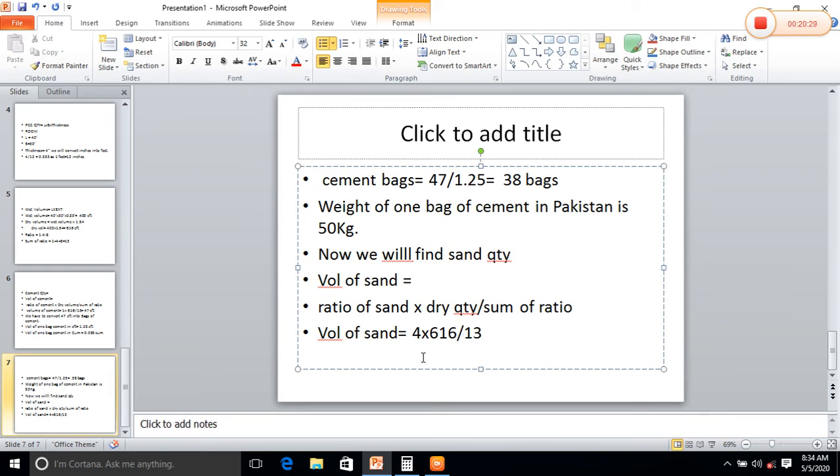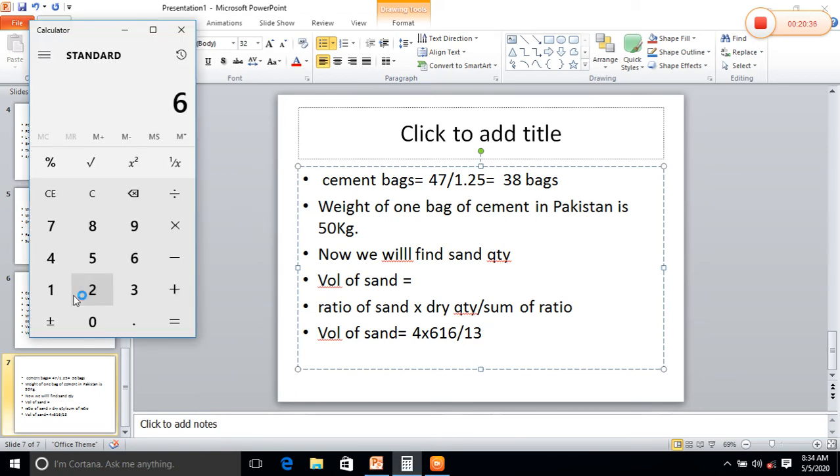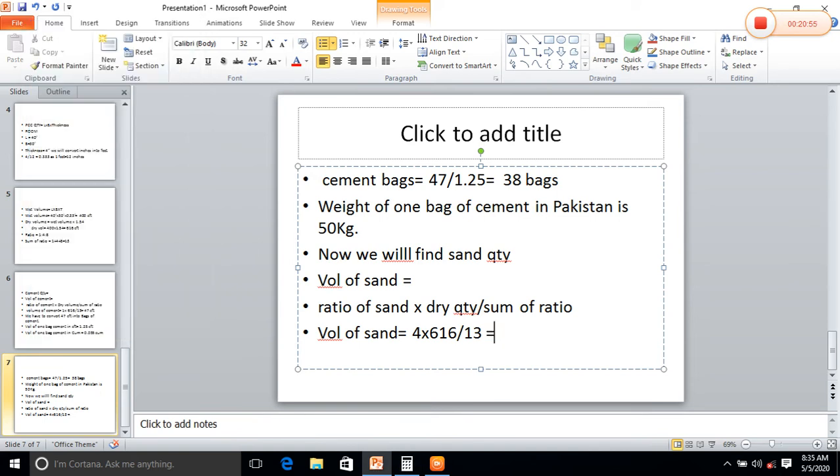Okay, so now do this. 616 multiplied by 4 divided by 13. 189 cubic feet is equal to 189.5 cubic feet.